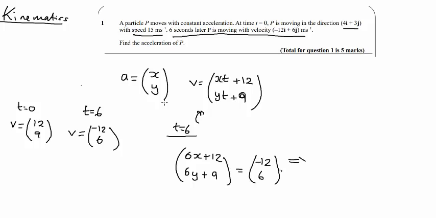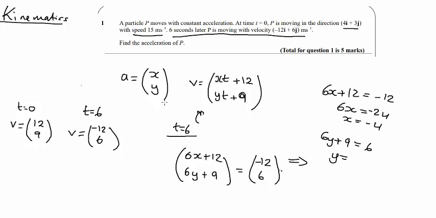Well, this is nice now. So you've got 6x plus 12 equals minus 12. Rearrange that, 6x equals, no, it doesn't, minus 24. X equals minus 4. Great, so we've actually got one of the answers. We can do 6y plus 9 equals 6. What's y going to be? Y is going to equal minus 0.5.